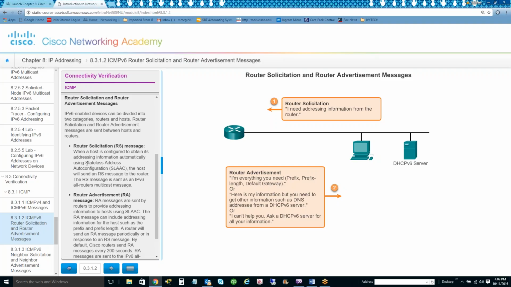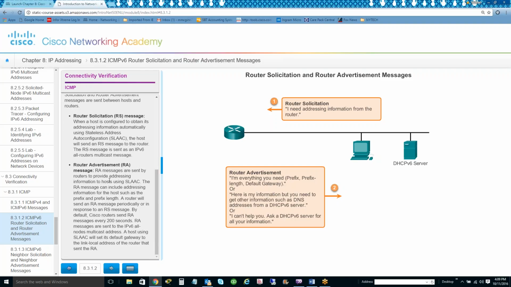One such method is stateless address autoconfiguration, or SLAAC, and it will send an RS message to the router. The RS message is sent as an IPv6 all-routers multicast message. So basically an IPv6 host will send this message out to say, hey, is there a SLAAC router out there, and if so, the router sends an RA message, which includes the addressing information to the host, very similar to DHCP.